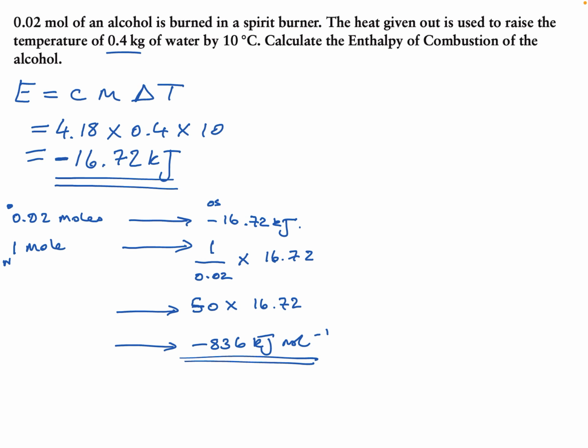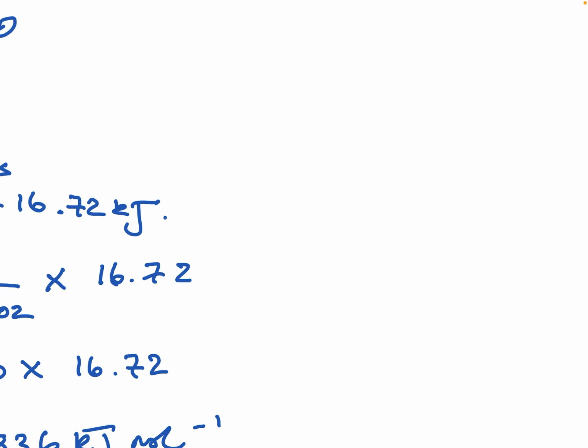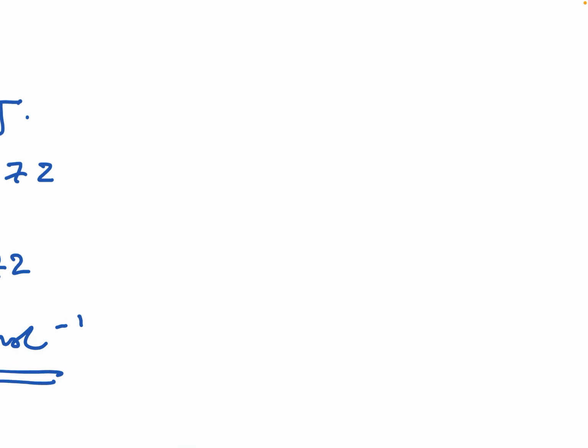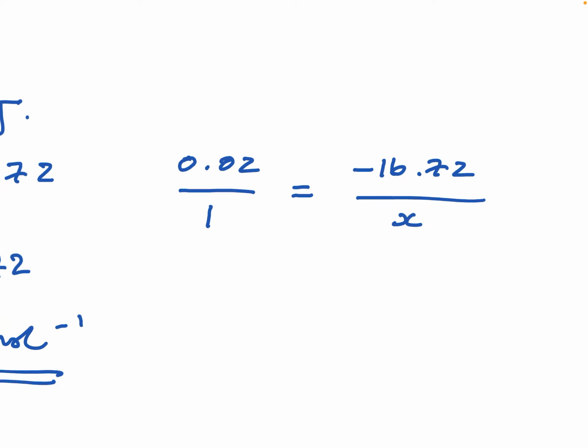I'm going to show you how to do that using cross multiplication. As you can see, that's no different to what we've been doing so far. The only thing is it doesn't have grams, we're just using moles. And you don't have to work out a GFM. So cross multiplication is going to be 0.02 divided by 1 is the same as minus 16.72 divided by x.